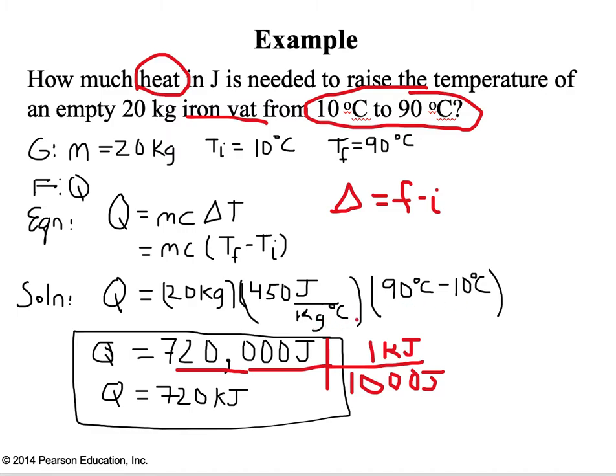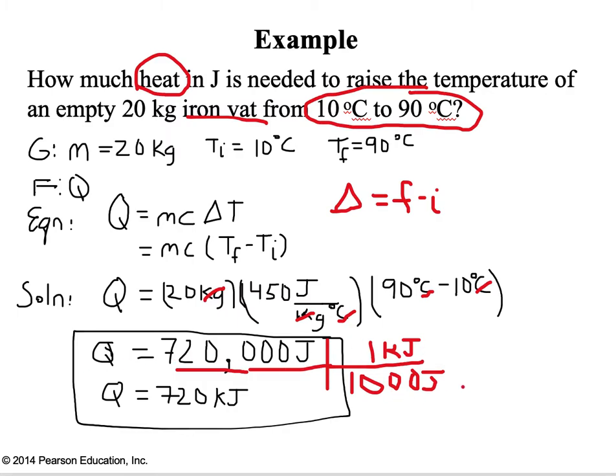Notice that our specific heat is given in units of degrees Celsius. Therefore, we're going to leave our temperature change in degrees Celsius. We multiply everything out, 20 times 450 times 80, and we divide our units out, and we see the only unit that we're left with is joules. So heat has joules as the unit, and our value is 720,000 joules.